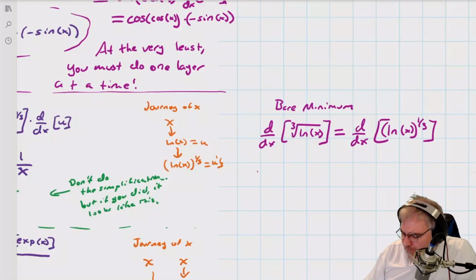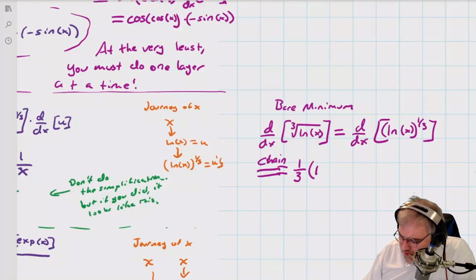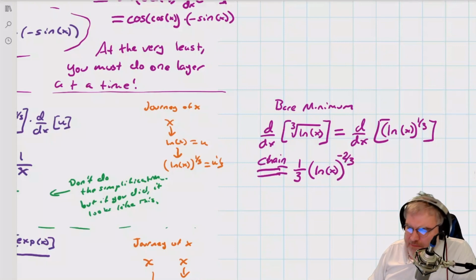Now, again, bare minimum. I'm going to take the derivative of the outside with respect to the inside. So I'm doing a u substitution, but I'm not writing it down. Okay? So this is the chain. I'm going to take the derivative of that 1/3. So I'm going to do 1/3 the inside to the negative 2 over 3. Again, bare minimum, I would always do the 1/3 minus 1.